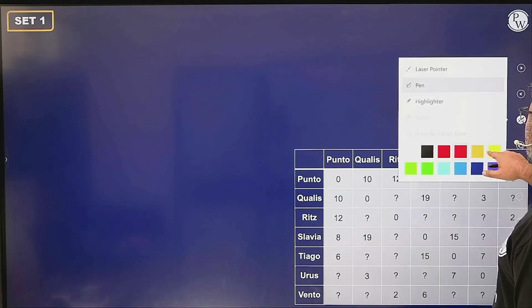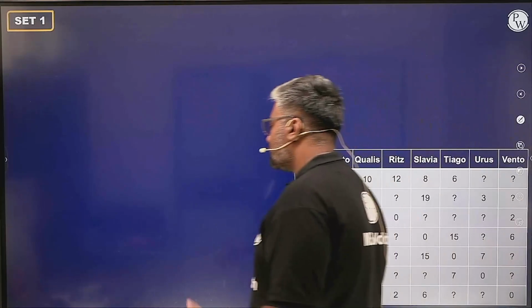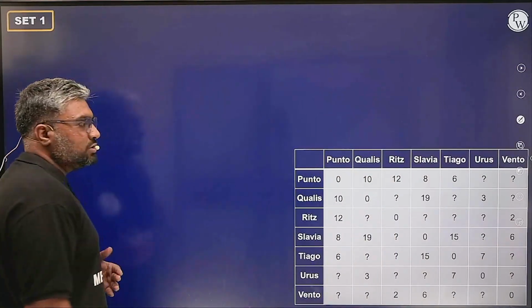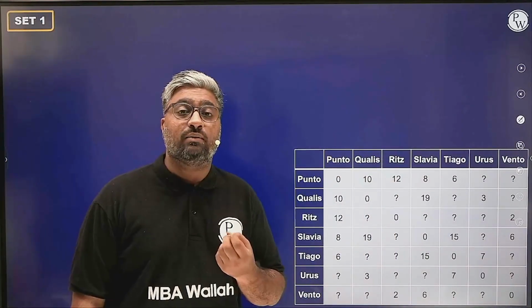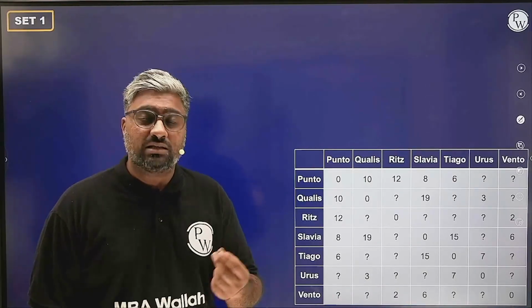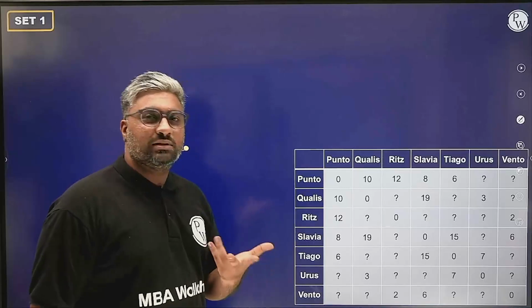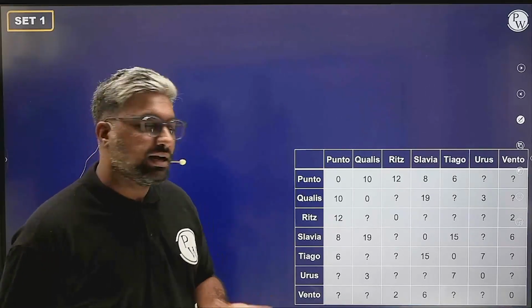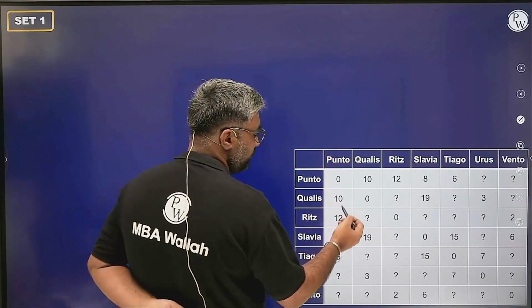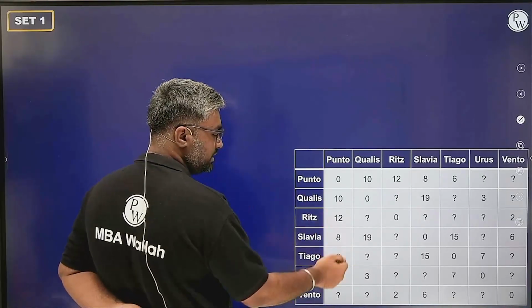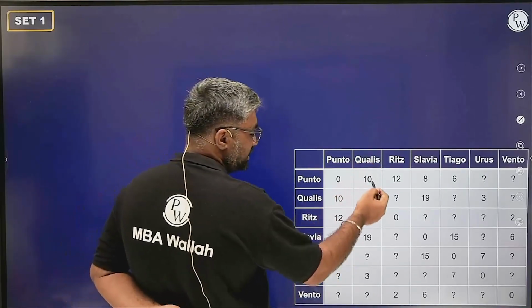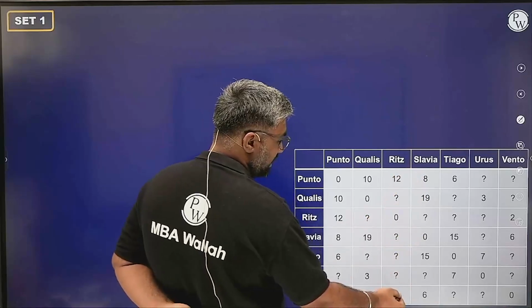So how are we going to make the arrangement? Like I said, 10 cars could be on the left or could be on the right. So we need one car to start with, fix it as a reference point or an origin, right? Which car do we start with? Obviously we start with the car that has more data. So if you look at Punto, we have 1, 2, 3, 4 pieces of data for Punto. For Qualis we have 3. For Ritz we have 2.